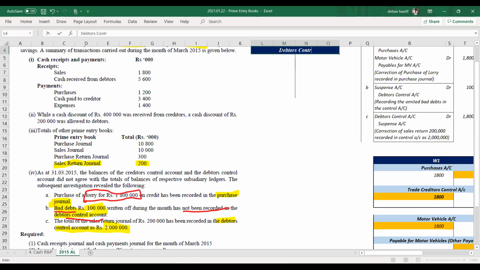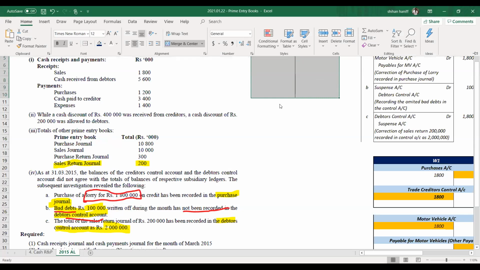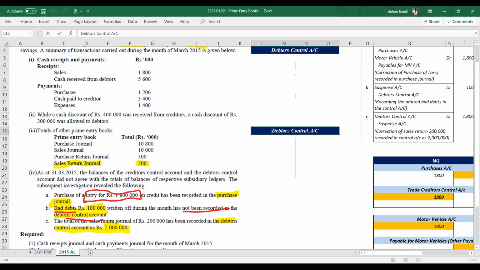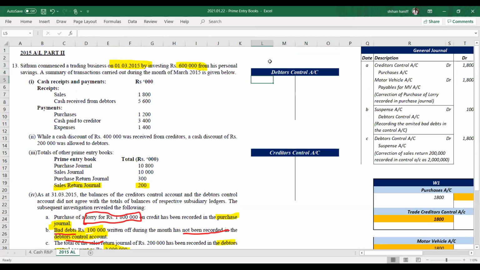Debtors control account. There is no opening balance.